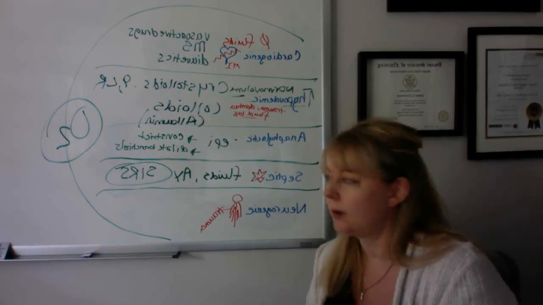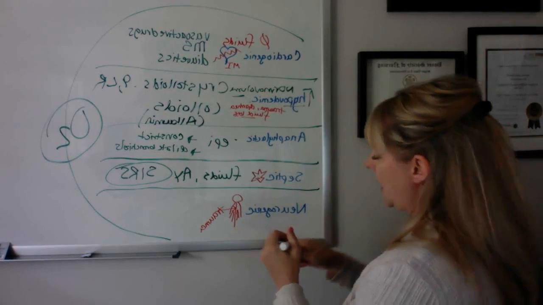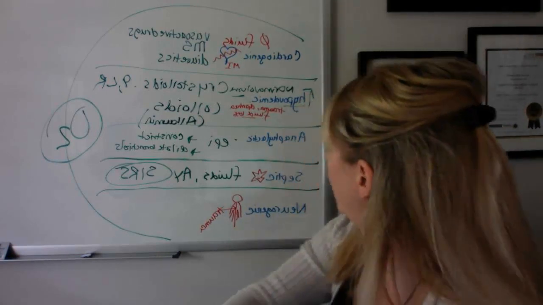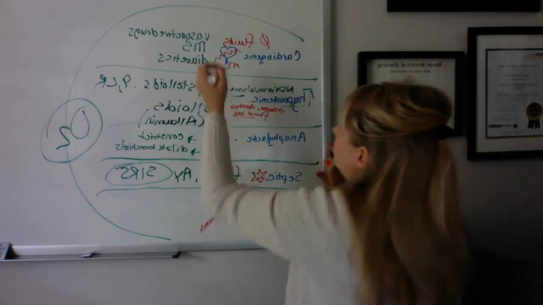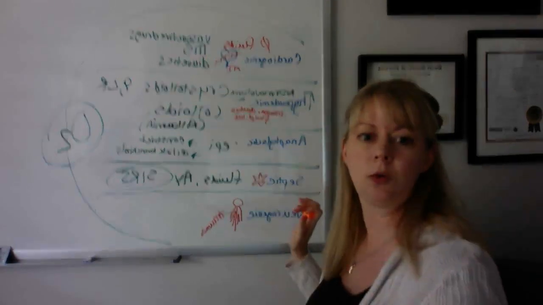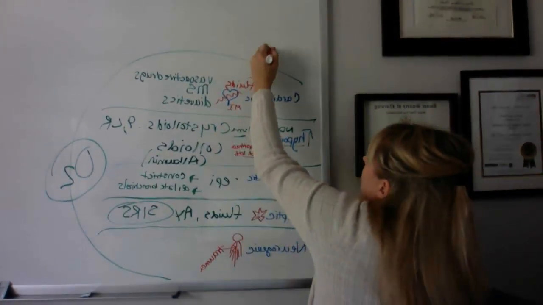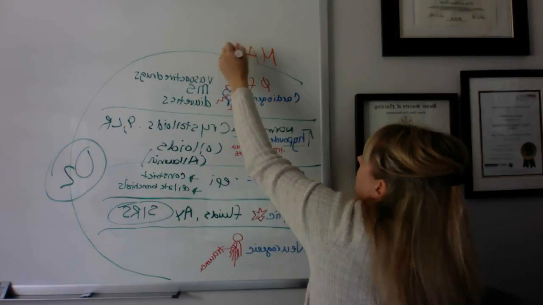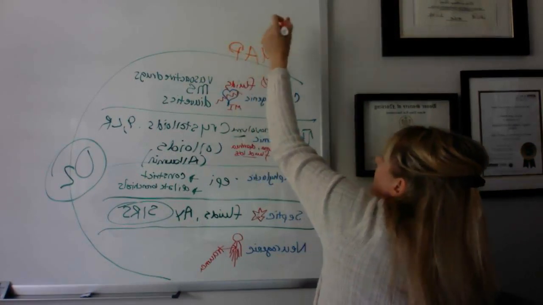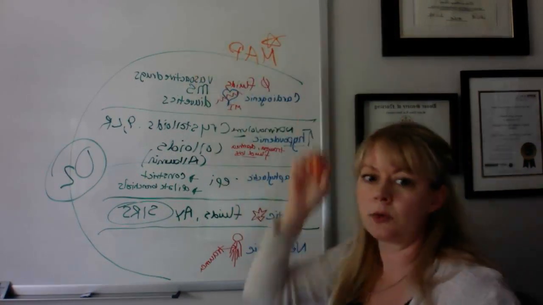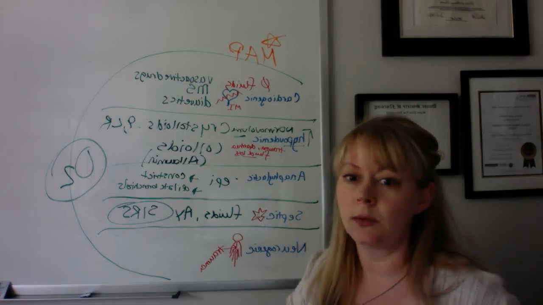What does that mean? So we have MAP, mean arterial pressure. All right, because we want to reperfuse your organs.